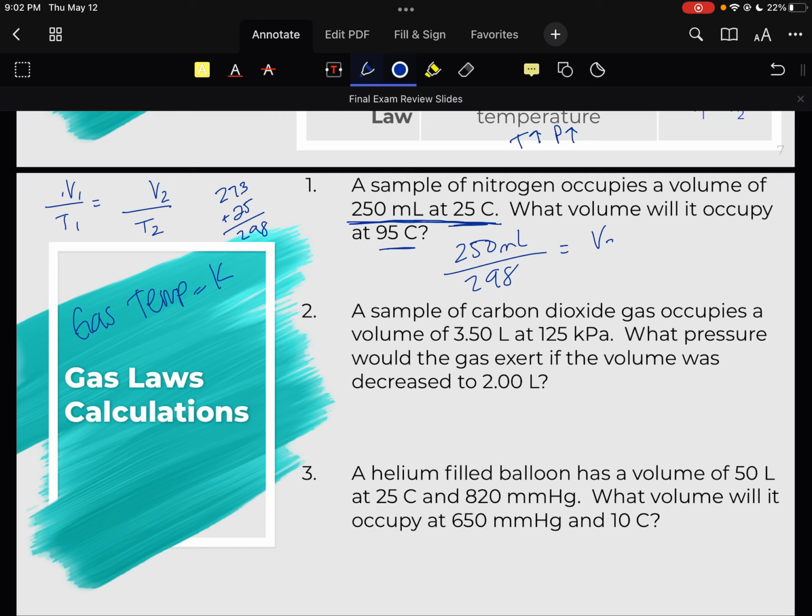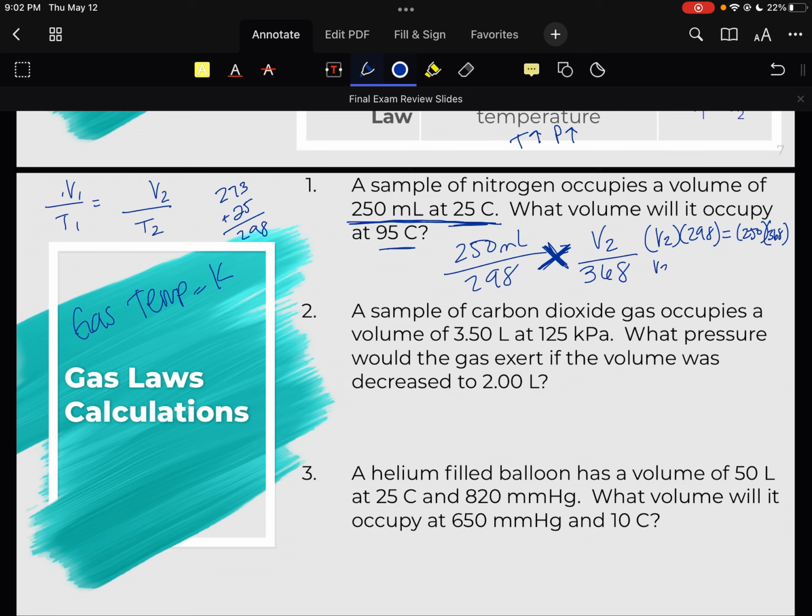So I'm looking for V2, and then the temperature is 95 degrees. So I'm just going to use my calculator, take 95 plus 273, and that's 368. So in order to solve for volume, I can just cross multiply. So we end up with V2 times 298, and that's going to equal these two multiplied together, 250 times 368.